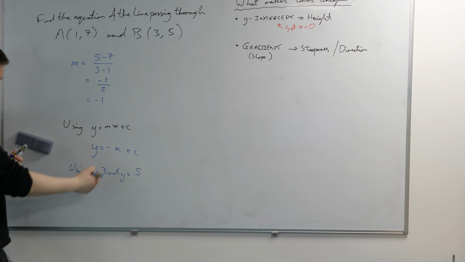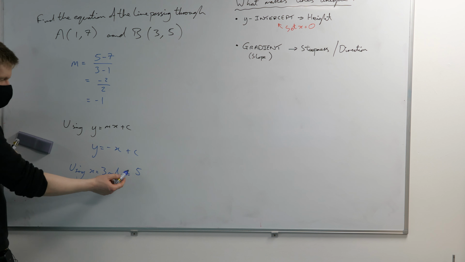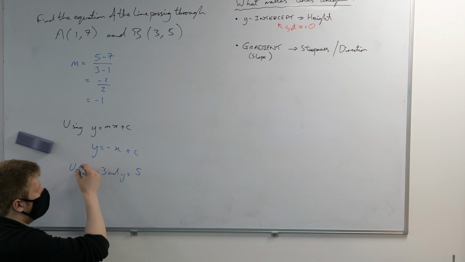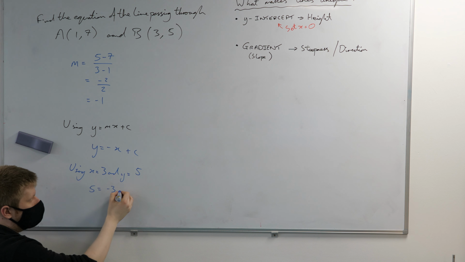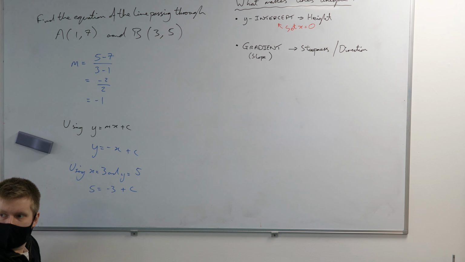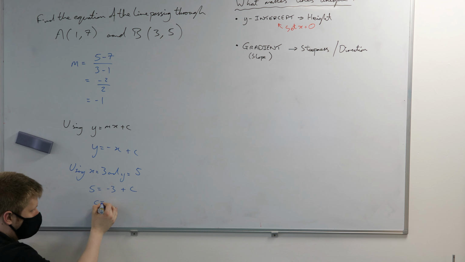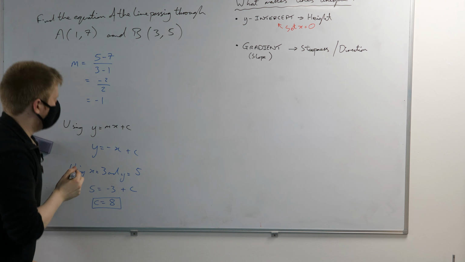Would you be happy I just need to stick x equals 3 and y equals 5 in this equation? So I get 5 is equal to negative 3 plus c. Is it 8? Good, fantastic. So I just need to solve that now. Add 3 to both sides, and I find my y-intercept there.